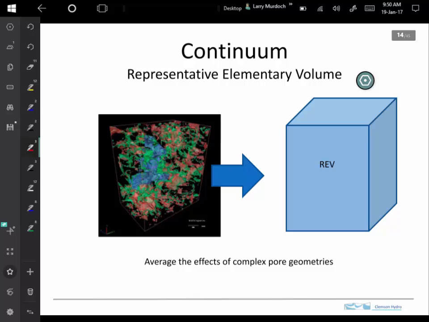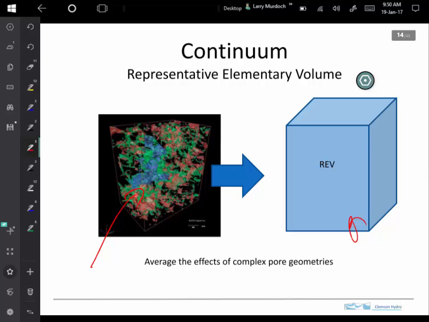So for the continuum, this representative elementary volume, basically what we're doing is taking this thing here. This is one of these pore scale images, and saying, well, that's interesting, and that's where the native processes are active, but it's really way too complicated for us to deal with, and so we're going to average out those properties, and instead of dealing with the left side, we deal with the right side, where everything is continuous within that block.